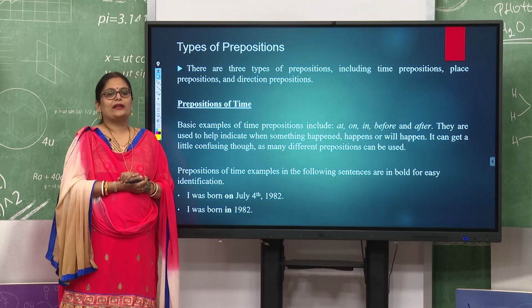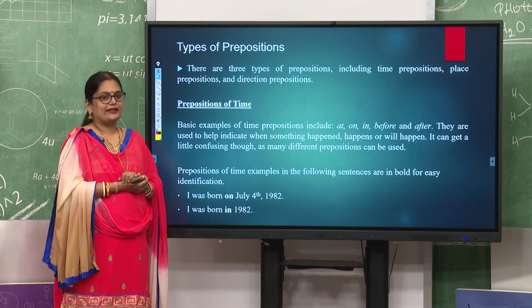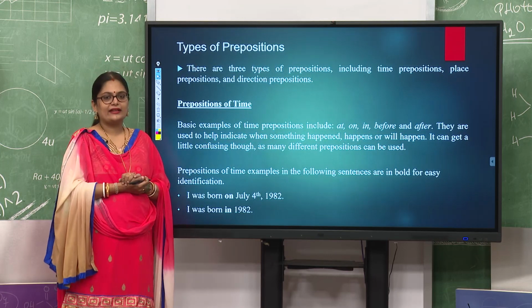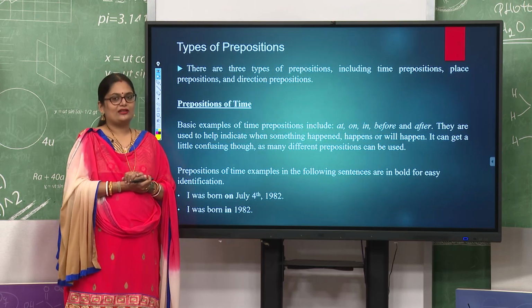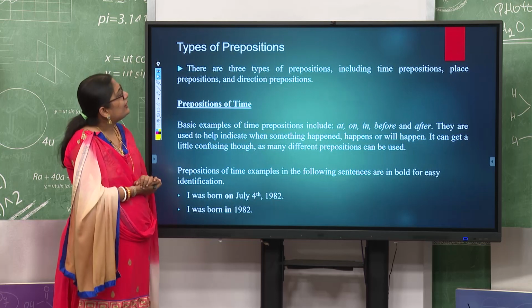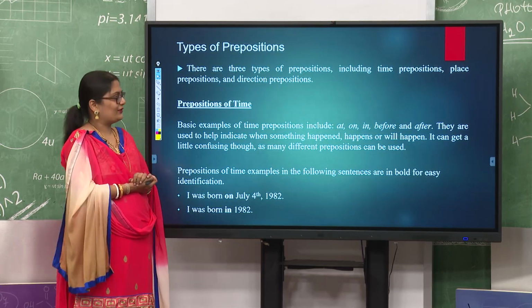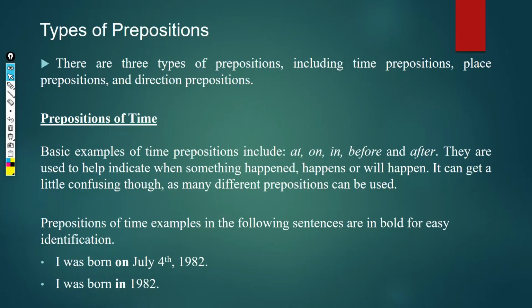Now, what are the different kinds of prepositions? Children, I need you to pay particular emphasis on this slide. While I am explaining this slide, you need to pay particular attention. There are three different kinds of prepositions, including time prepositions, place prepositions and direction prepositions. So, what do you mean by prepositions of time?